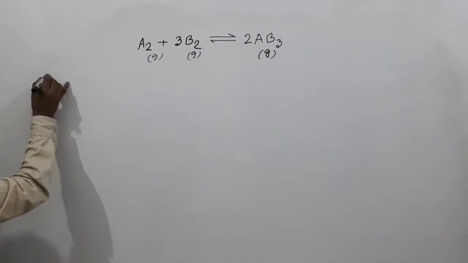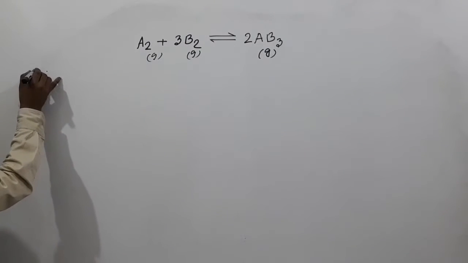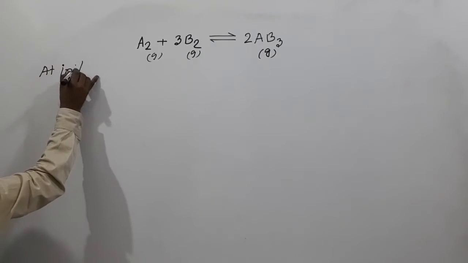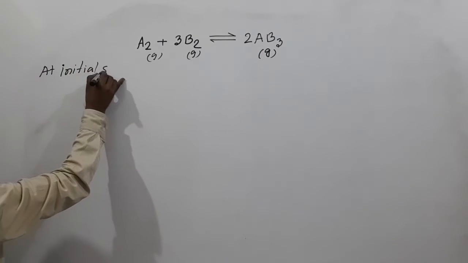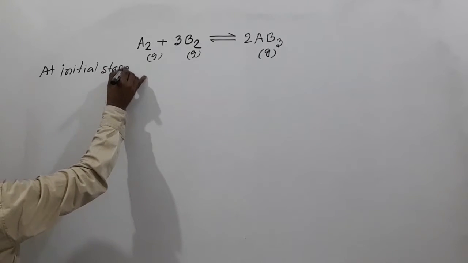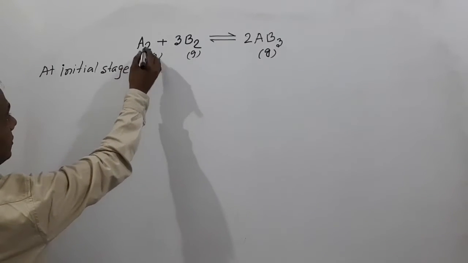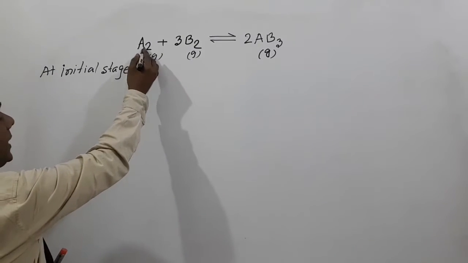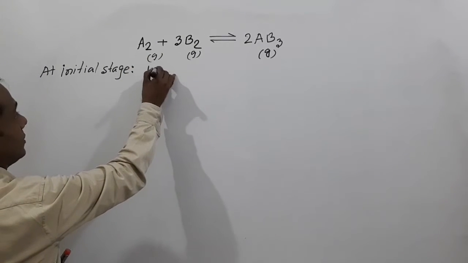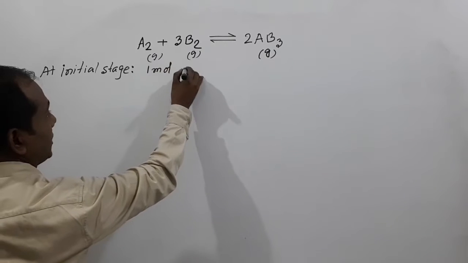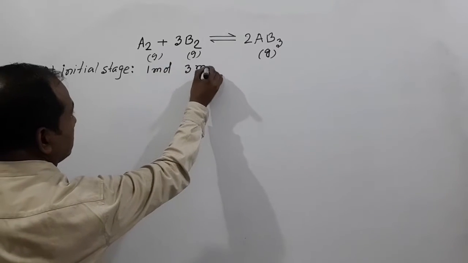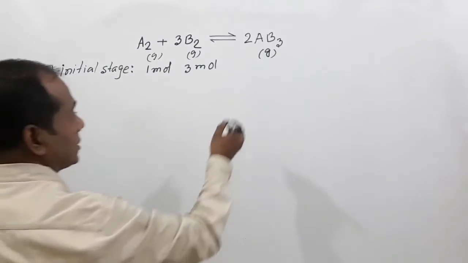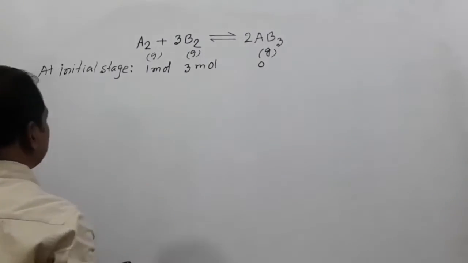At the initial stage, let A2 be 1 mole, B2 be 3 mole, and at the initial stage the product is 0.